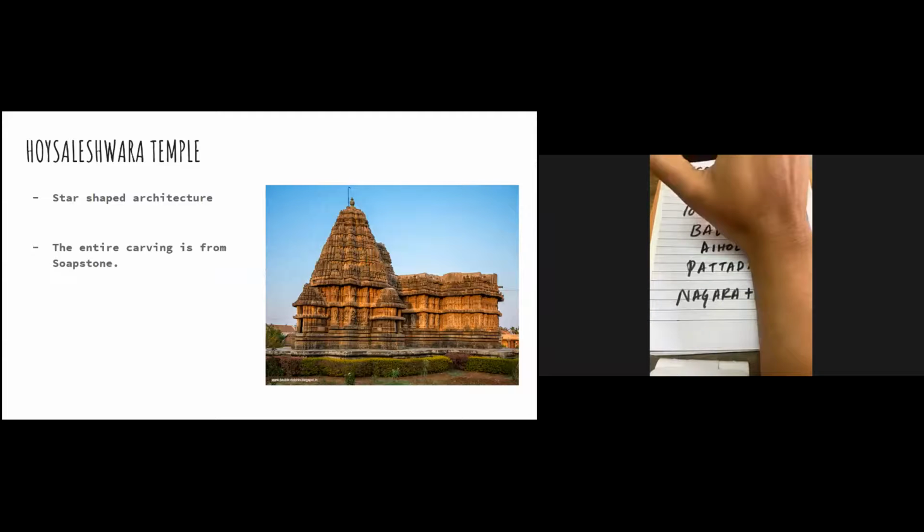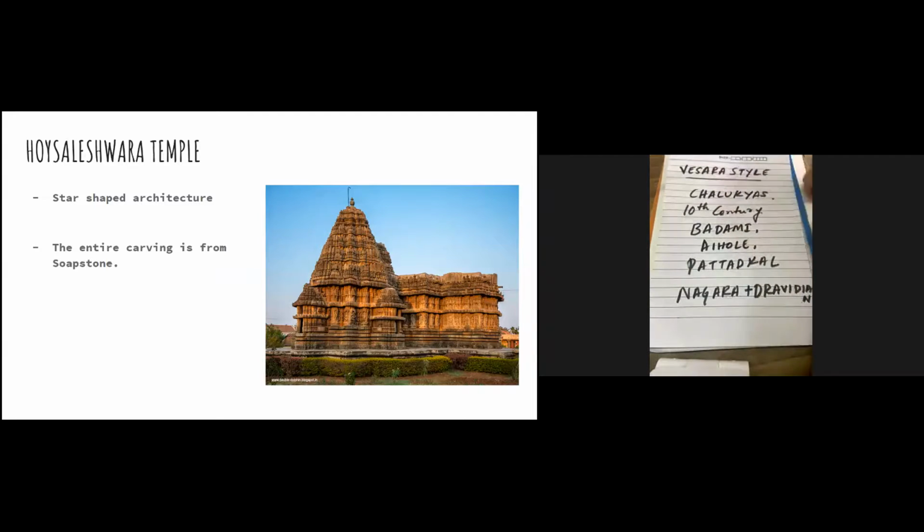One interesting fact about why it is star shaped is that there are solar eclipses and lunar eclipses also, and that was something they used, according to many books that I have read. And again, it's a carving from soapstone. But currently it is ruined because of the invasion of Alauddin Khilji.